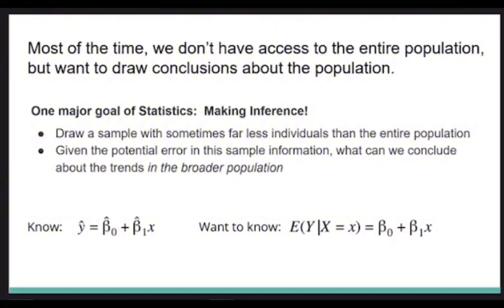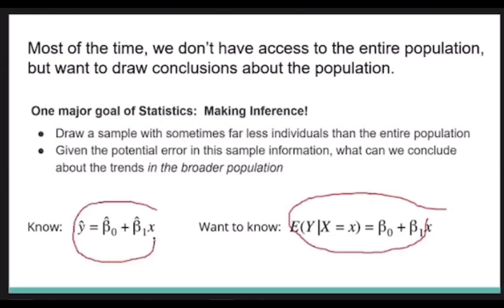That's the population regression model. We don't have resources. This is exactly what we want to know initially, but this is what we end up knowing. The other one has to do with the population. This is a fitted model that has to do with the sample.